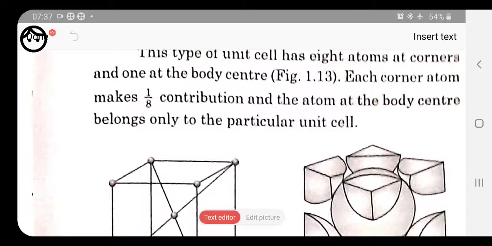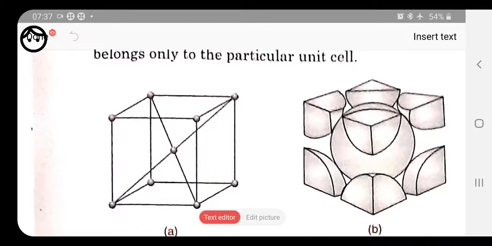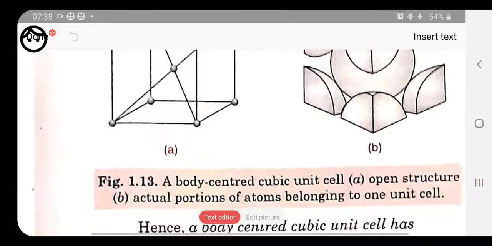Whenever we are talking about the body, here a constituent particle is also present at the center of the body. This one, present at the center, is not shared with any other unit cell, it is only present at the center. It means each unit cell gets one full constituent particle. So here also we get one.